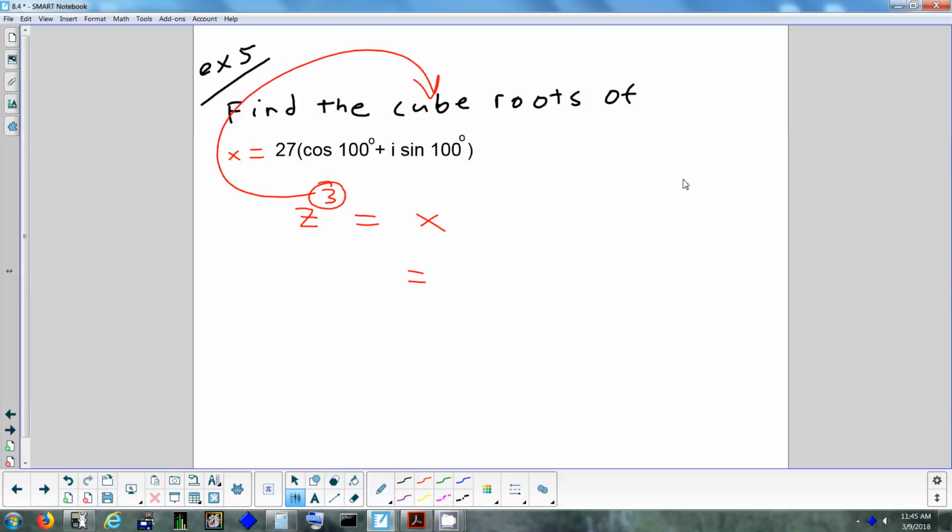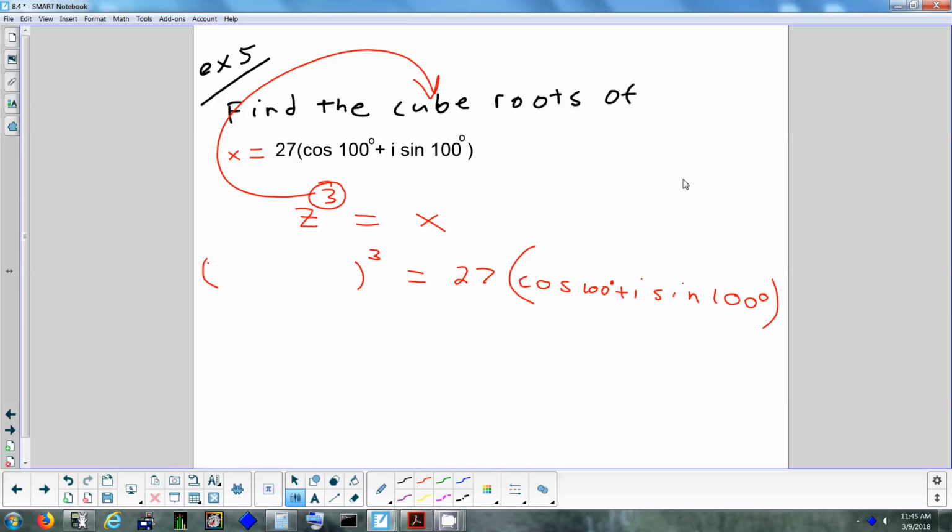The right-hand side is going to be what we have up above, 27 cosine 100 plus I sine 100. This is going to be a 3.